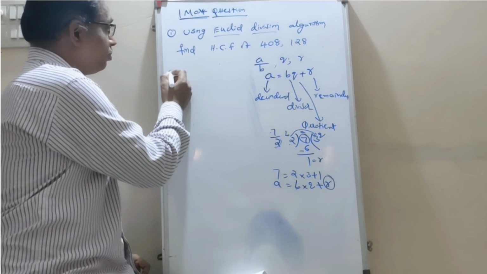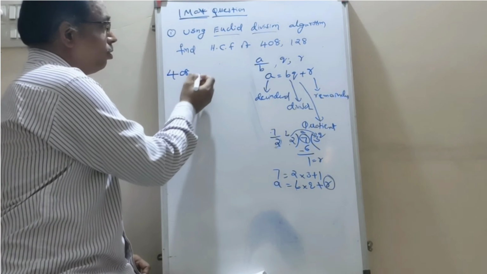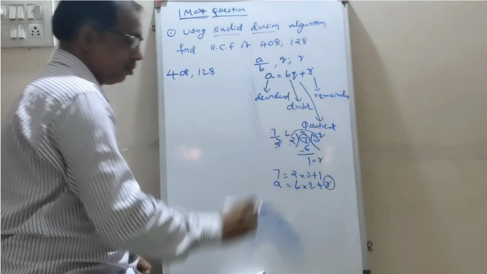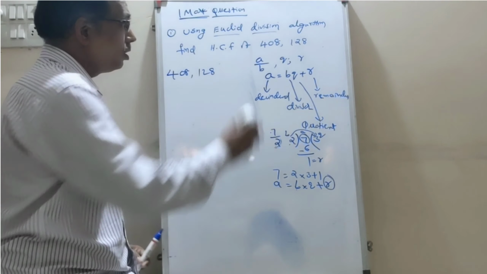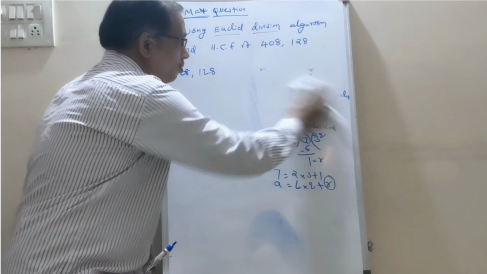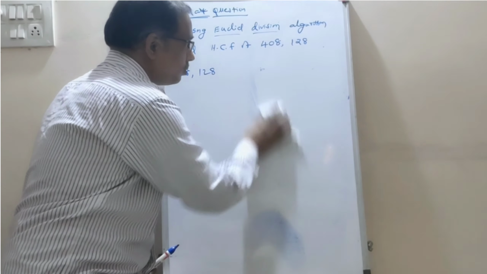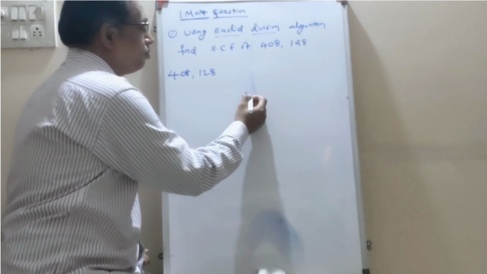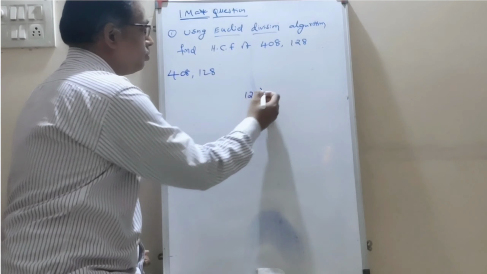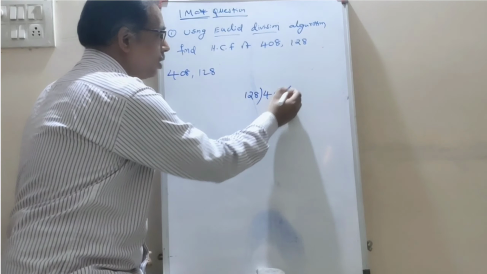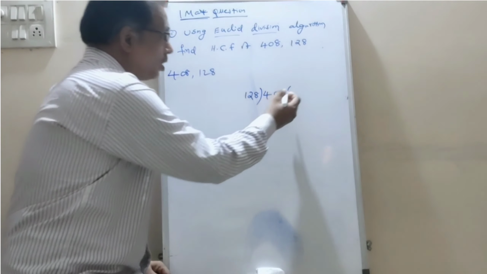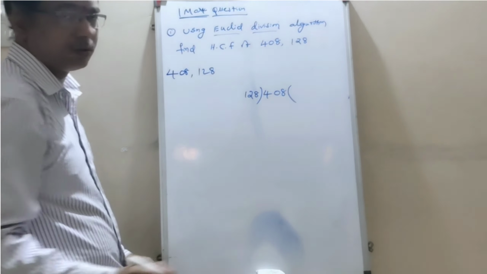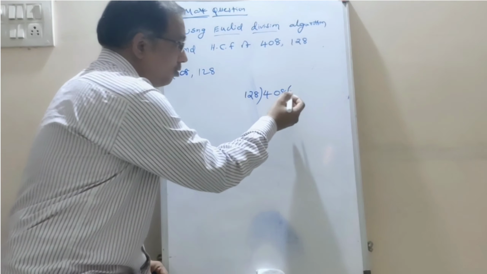So see how. 408 and 128. Now divide 408 by 128. 128 ones are 128, 128 twos are 256, 128 threes are 384.